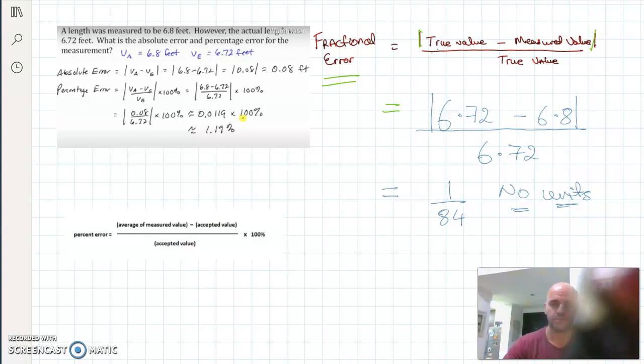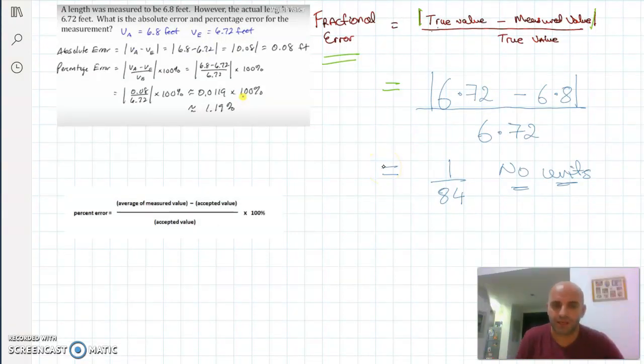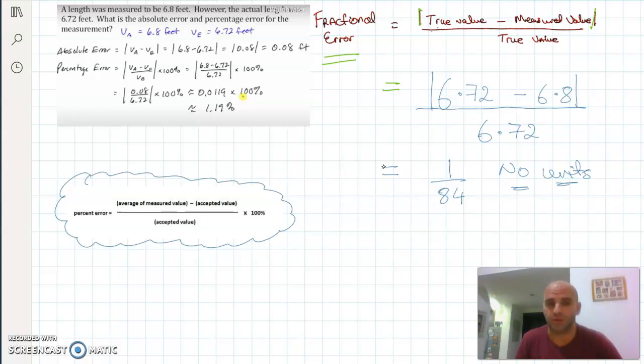Okay. So the last thing that we look at here is the percentage error, and he's already done this one. So I'll just make one or two comments on it. Again, depending on where you look, you see this formula written in a variety of different ways.